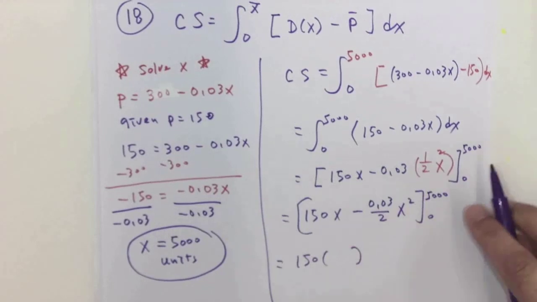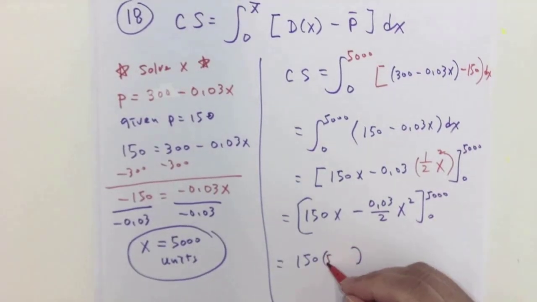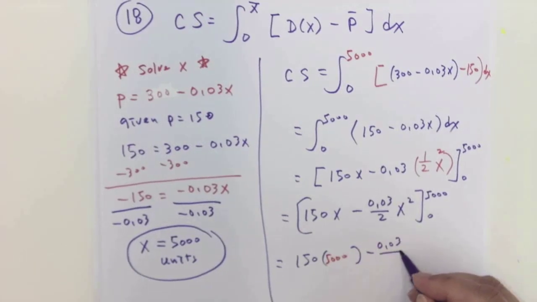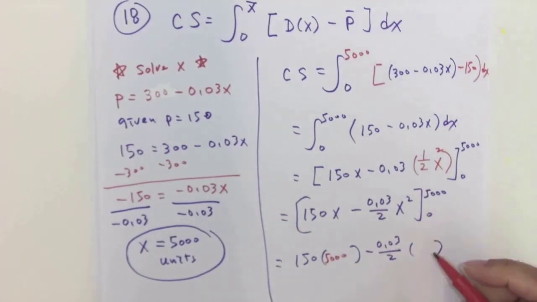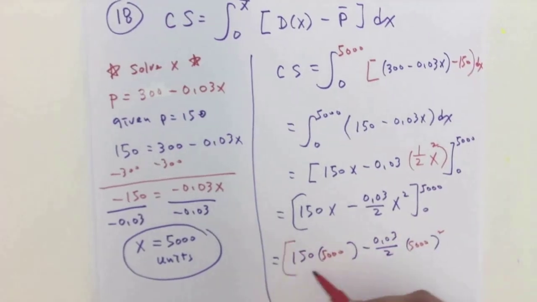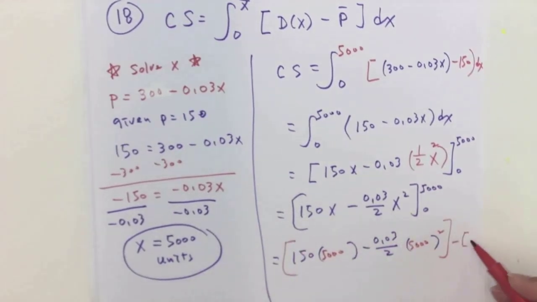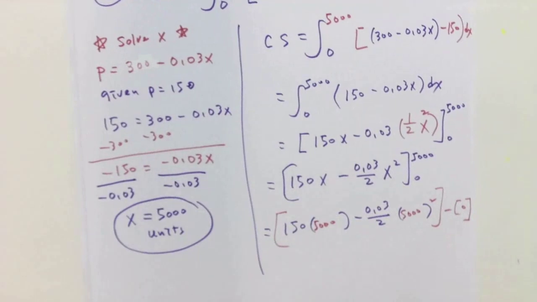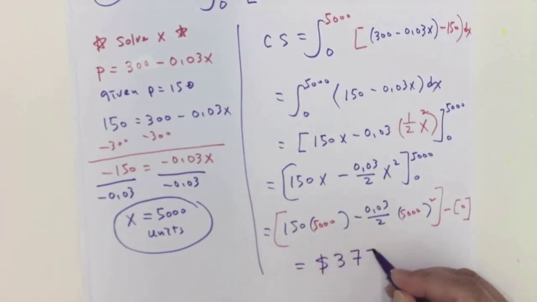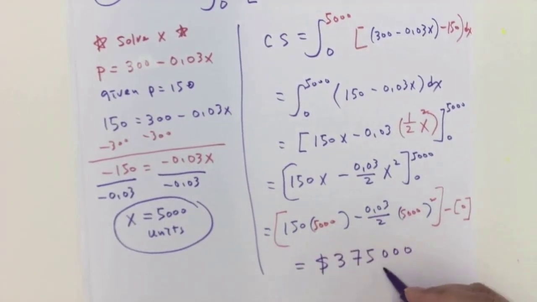150 times 5,000 minus 0.03 over 2 times 5,000 squared. This whole thing is supposed to subtract plugging in 0, right? Which is also turning 0. If you put it in the calculator, the final answer is going to be 375,000.